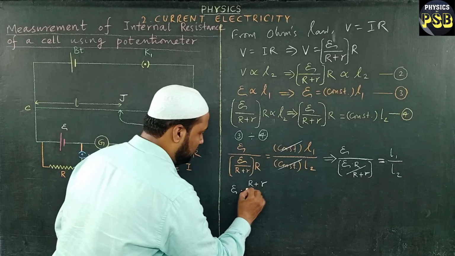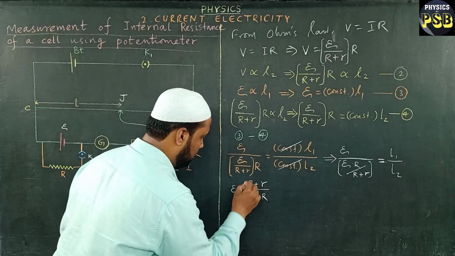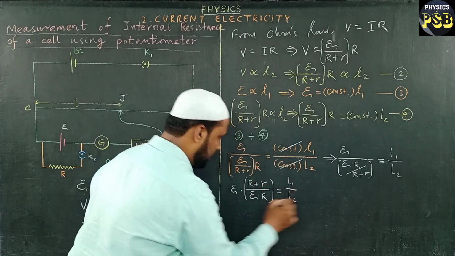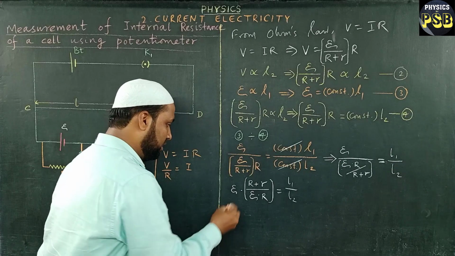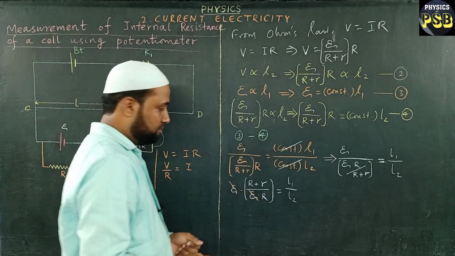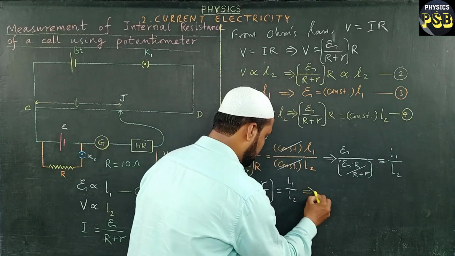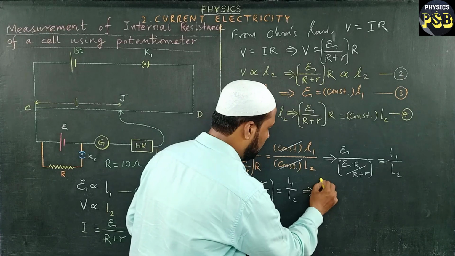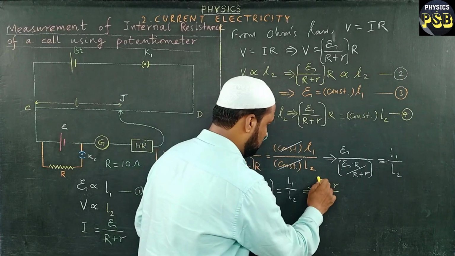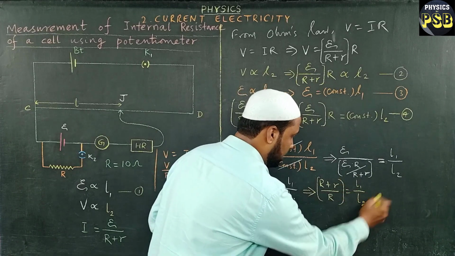R plus r divided by ξ into R equals L1 upon L2. Here the similar terms cancel, and what we obtain is nothing but this: R plus small r divided by capital R is equal to L1 upon L2.